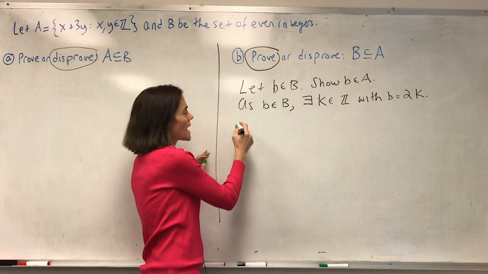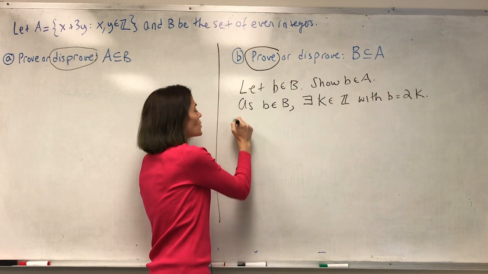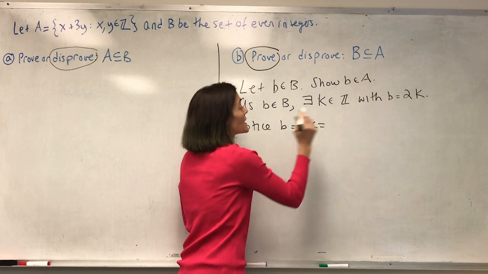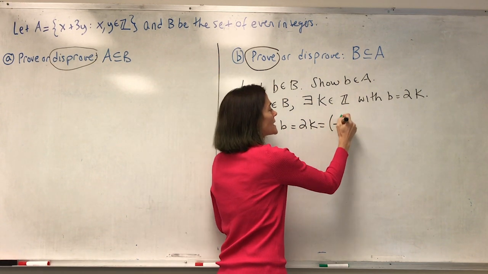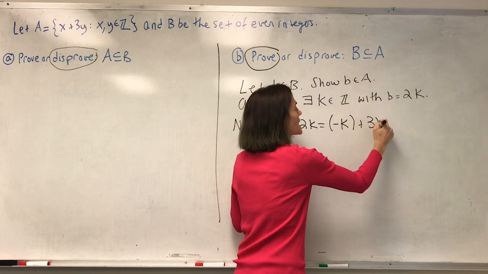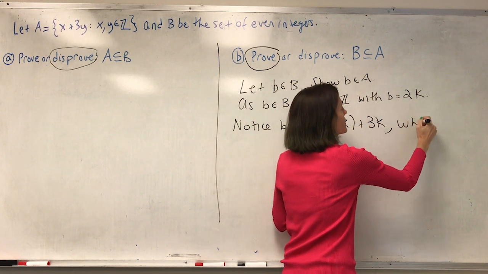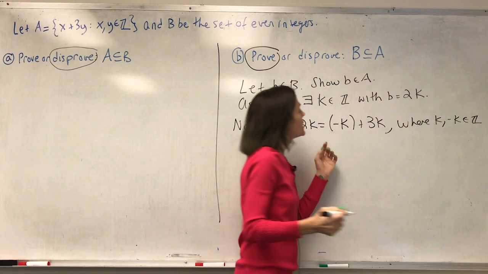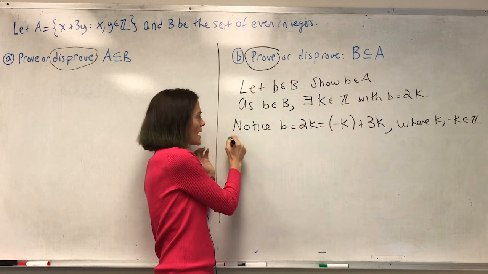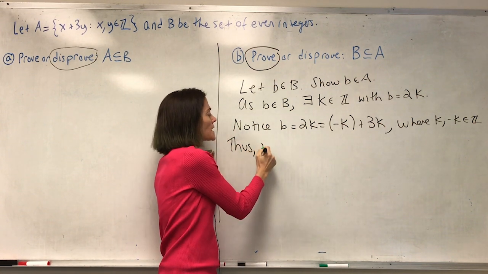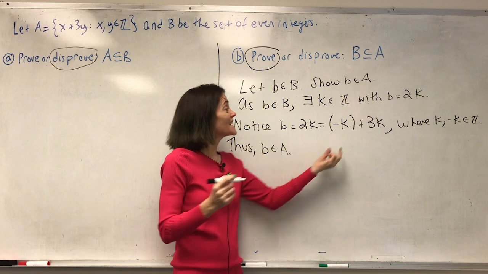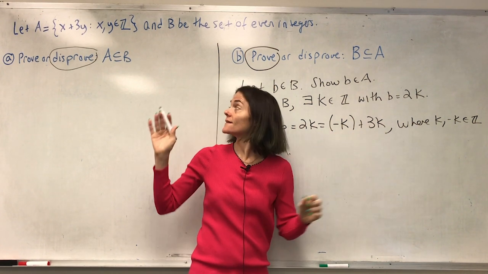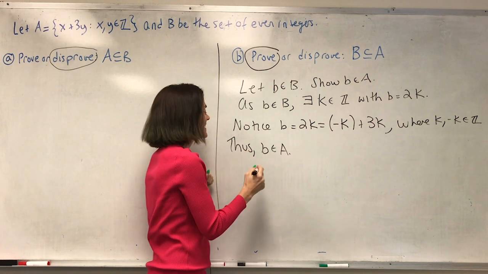Then I will know it's in A. So notice, this is what I just wrote, but we can also write this as minus k plus 3k, where k and minus k are both integers. So thus b is in A, because I wrote it exactly of the form integer plus 3 times integer. That's what it means to be in A.